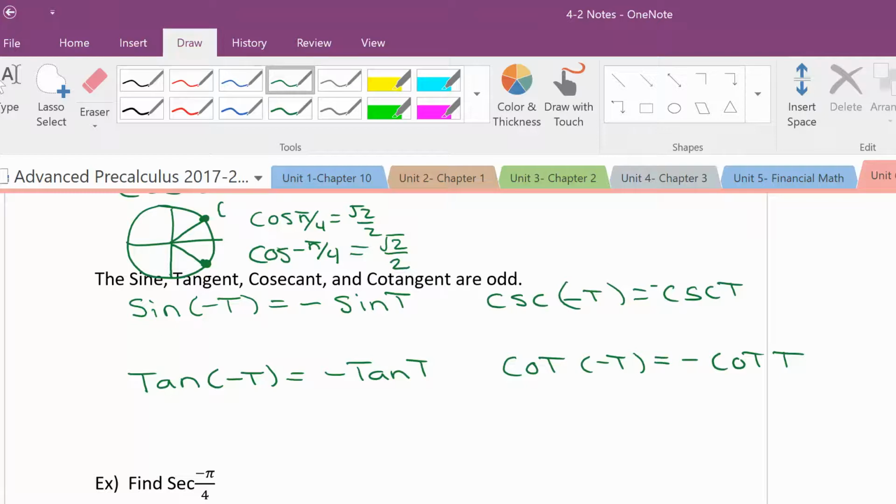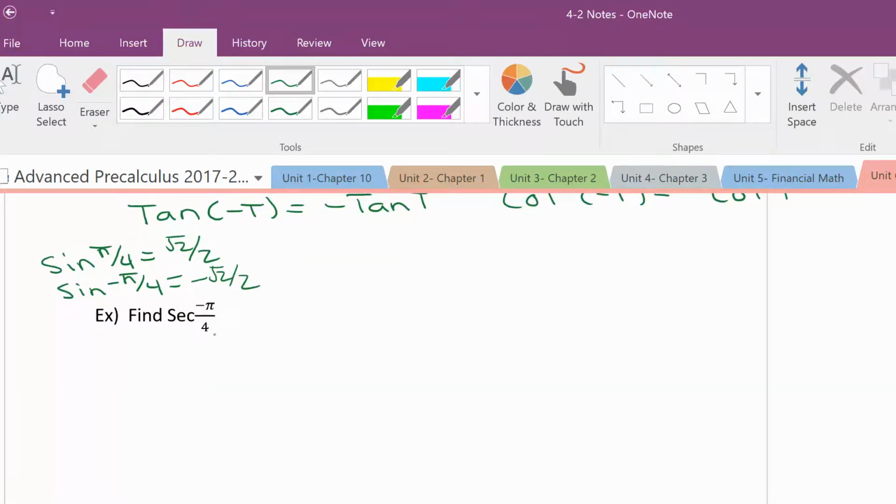So if you look at it, sine pi over 4 is equal to rad 2 over 2, but sine negative pi over 4, when you go into the fourth quadrant here, the y values are negative. So that means it's negative rad 2 over 2. So the sine of negative pi over 4 is the opposite of what sine of pi over 4 would be. So if I wanted to find the secant of negative pi over 4, I know, because secant is even, that it's the same as the secant of pi over 4. And the secant of pi over 4 is rad 2.